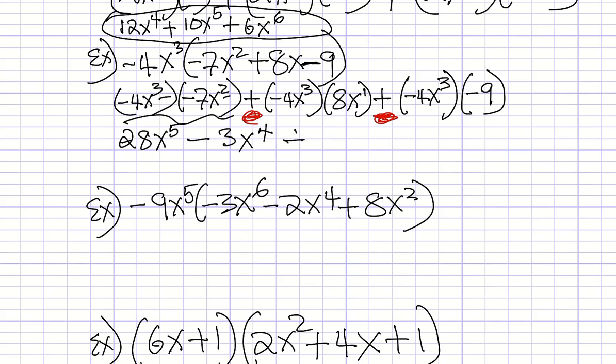Okay, the other one is going to be positive because you multiply negative with negative. Look at it carefully, you see what I'm saying. And that will be positive 36 raised to the power 3, because this one has no variable.